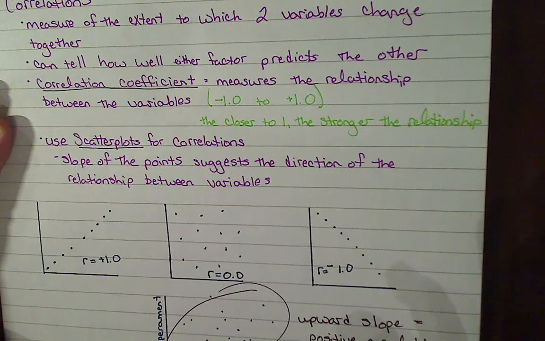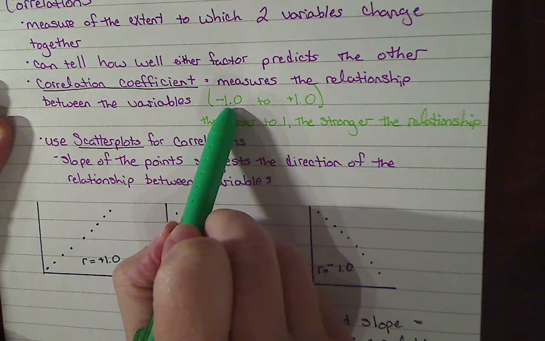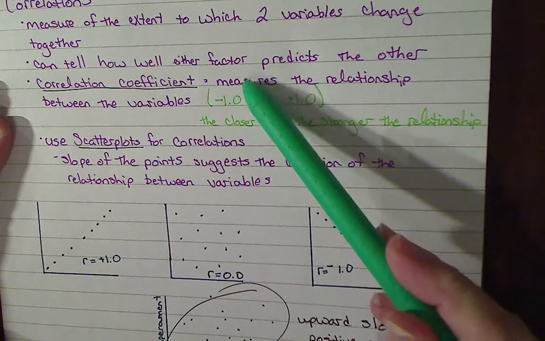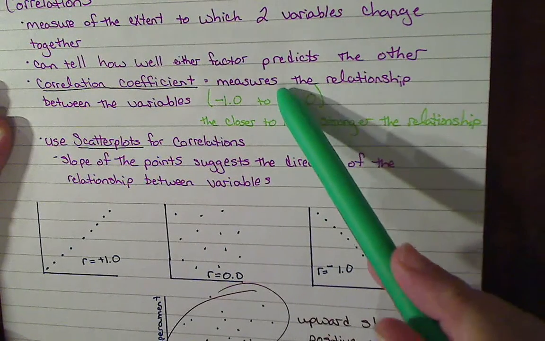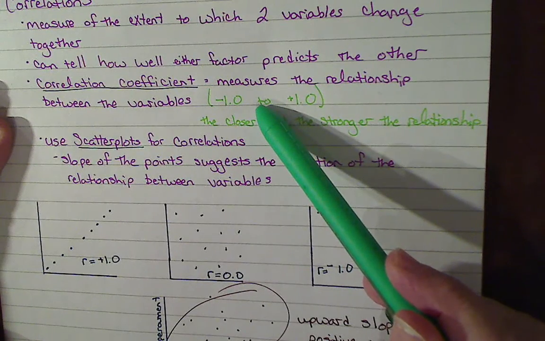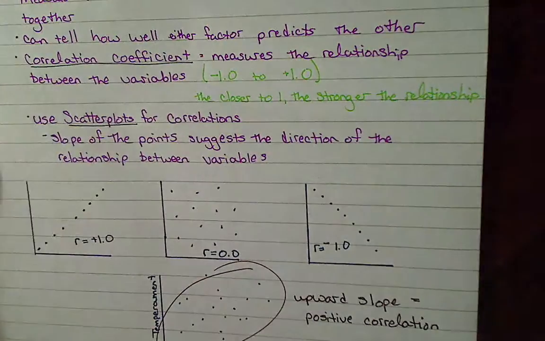It's the measure of the relationship. It's going to range anywhere between -1 and +1. The closer it is to 1, whether it's negative or positive, the stronger the relationship. So if you have a correlation coefficient of 0.08, it is not a strong correlation. You don't have a very good relationship between your two variables.